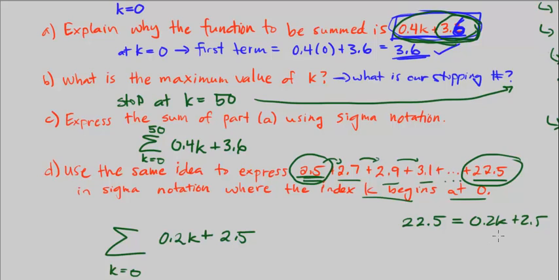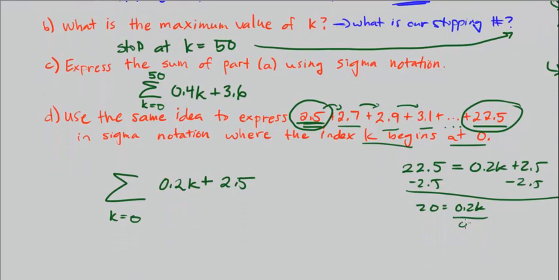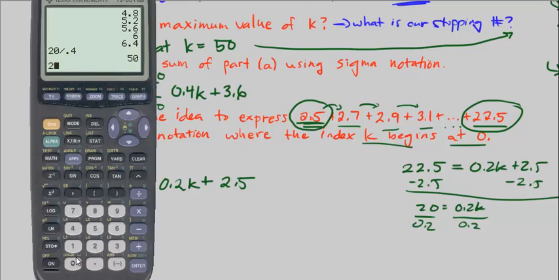Let's just solve for it. Subtract 2.5 from both sides, we get 20 is equal to 0.2k. Divide both sides by 0.2. You can use your calculator, you just know that 20 divided by 0.2 gives k equal to 100.